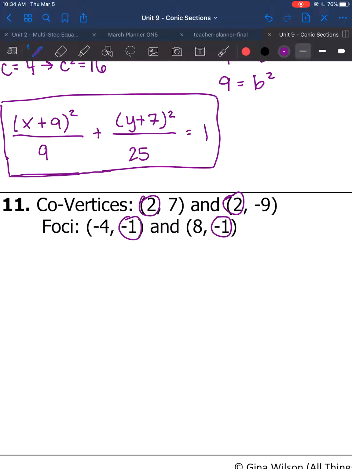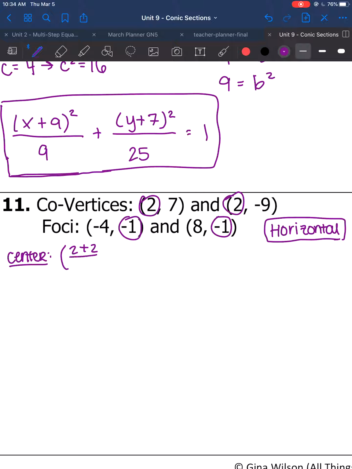So that means that it's horizontal. So my center, we can find using our co-vertices because the center is the intersection of your major and your minor axis. So it doesn't matter.